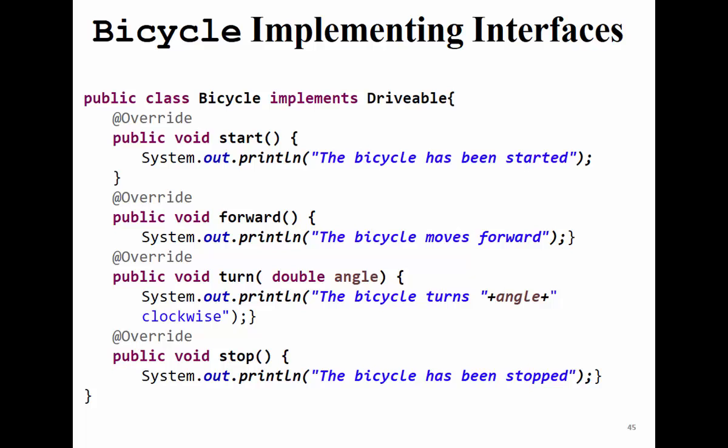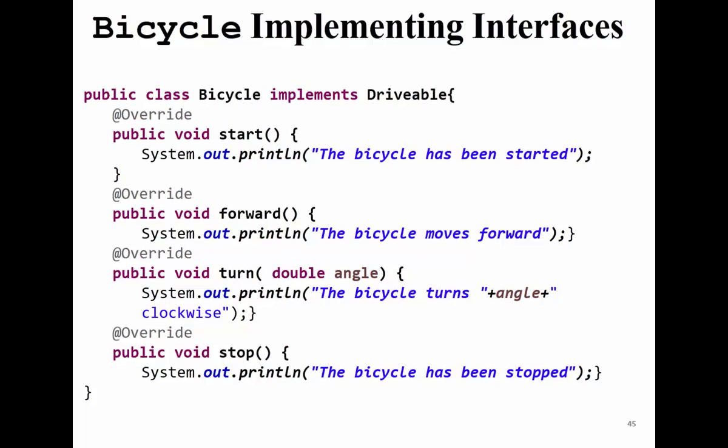Inside this I just print that the bicycle has been started. Forward, backward, turn with an angle. Maybe turning with an angle of 180 degrees means going backward. Okay? And stop, the bicycle stops. So the bicycle decided to implement this interface. When it decides to implement this interface, it agrees to implement all these four methods.